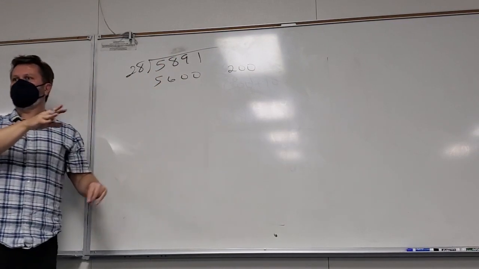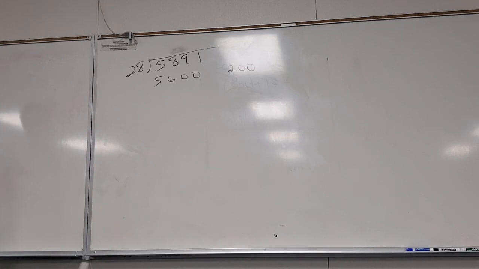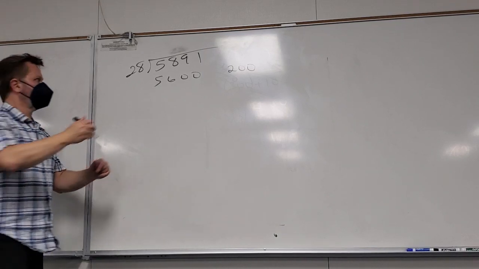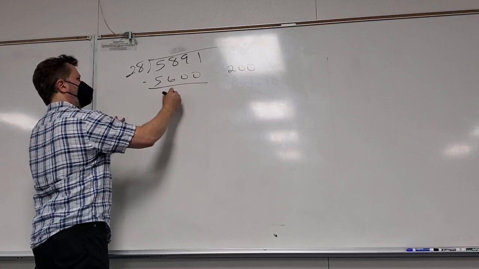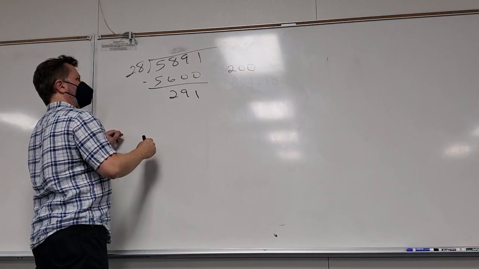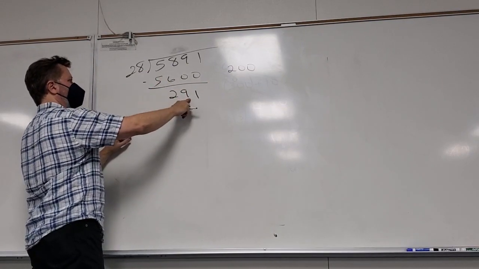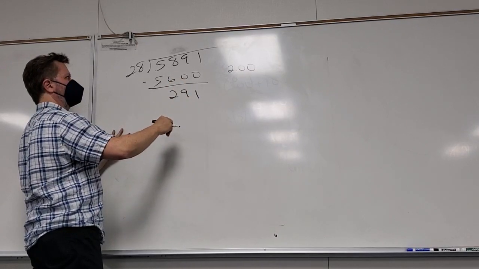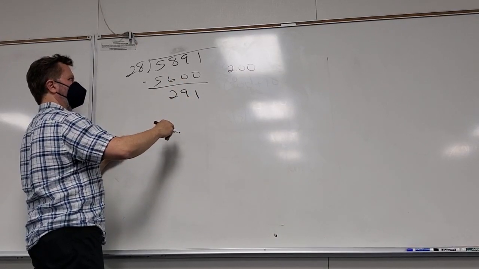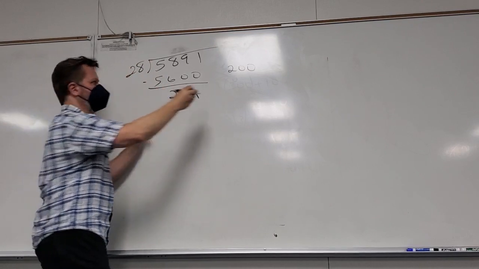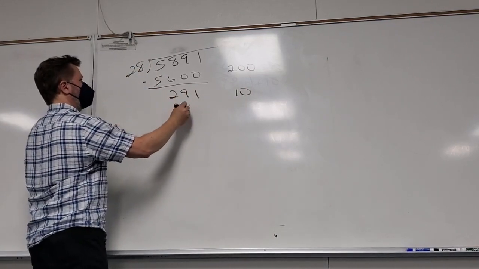Now, is this our standard algorithm that I'm doing? Hell no. But let's see what happens. So it's 291. 28 goes into 291 how many times? Like 10. So this will be 280.